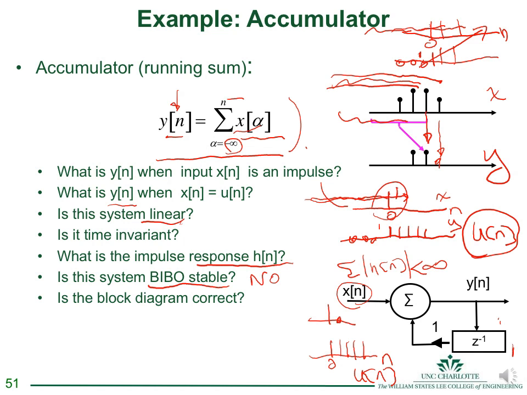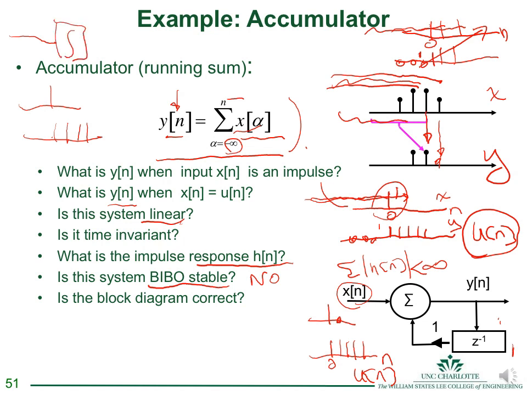By the way, this corresponds to a continuous time system. Of course, the impulse response of the accumulator is a unit step. If we remember, if we have an integrator and the input to the integrator is an impulse, the output of the integrator is a unit step in continuous time.